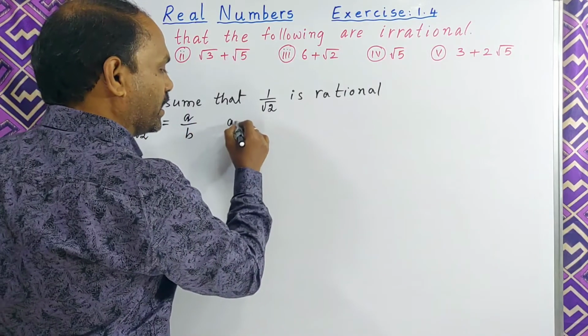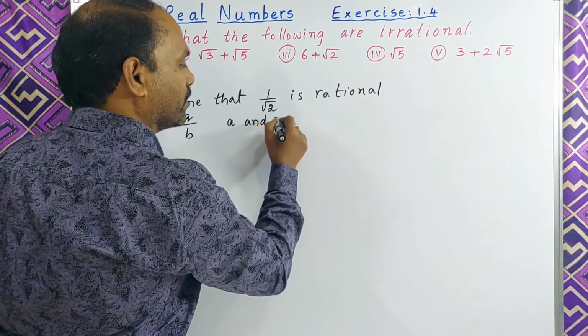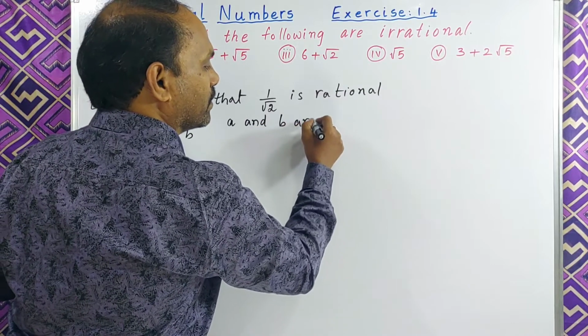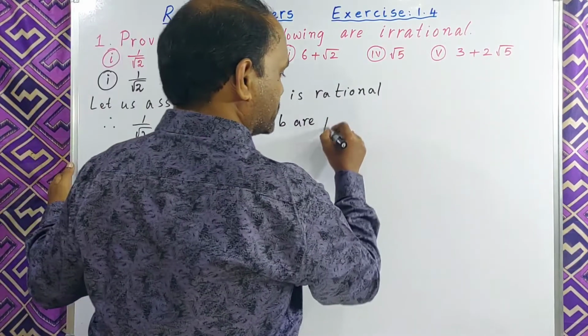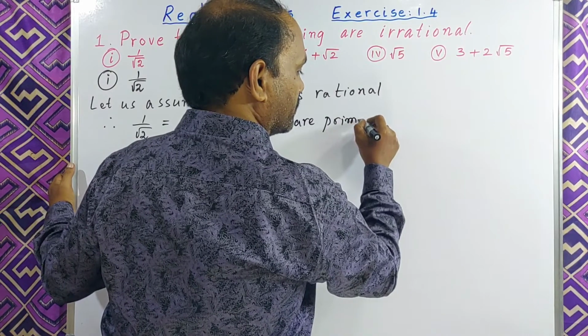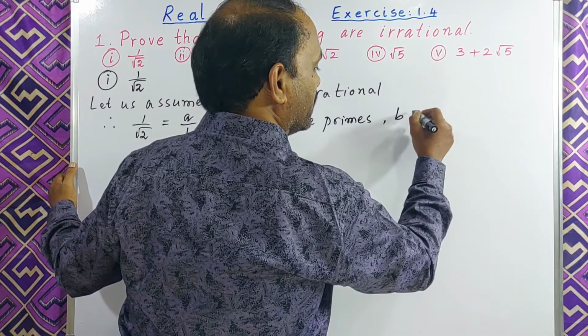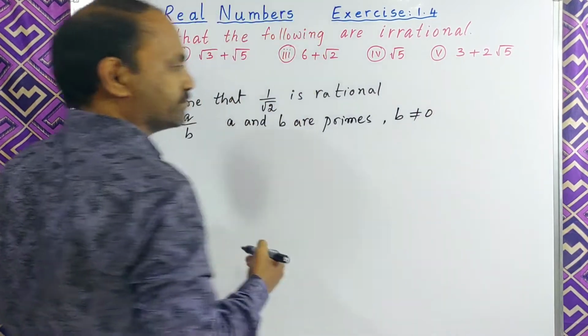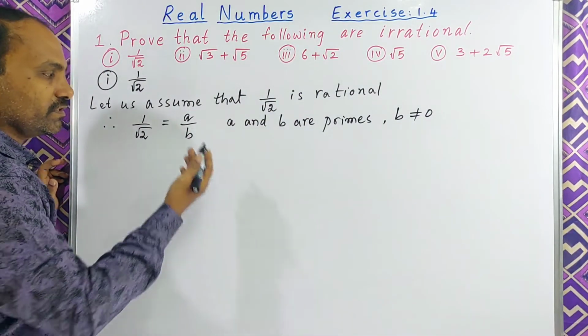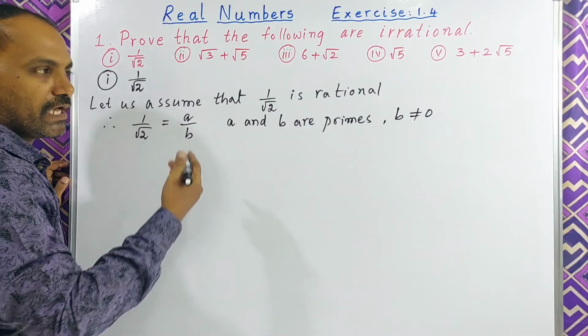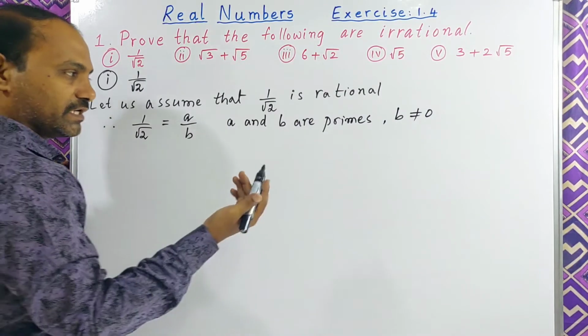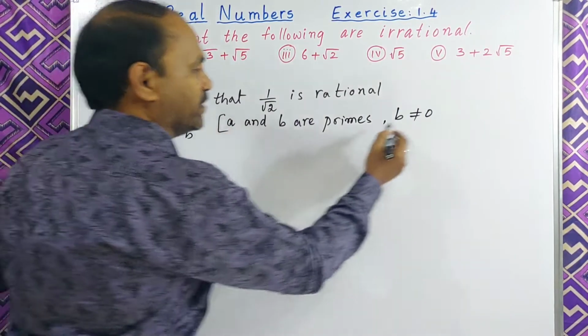Here a and b are primes, and b is not equal to 0. Always b is not equal to 0 in the form a by b or p by q.